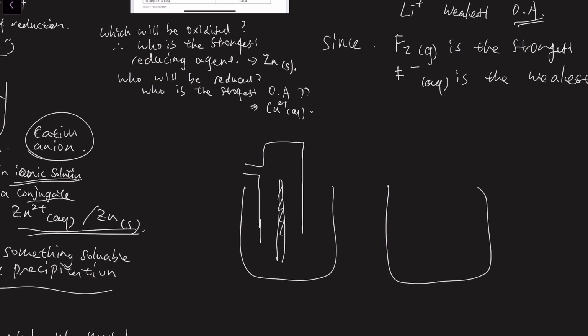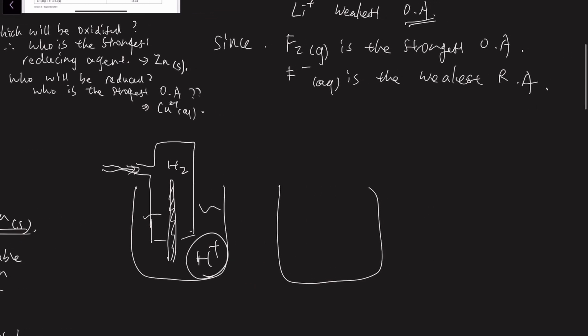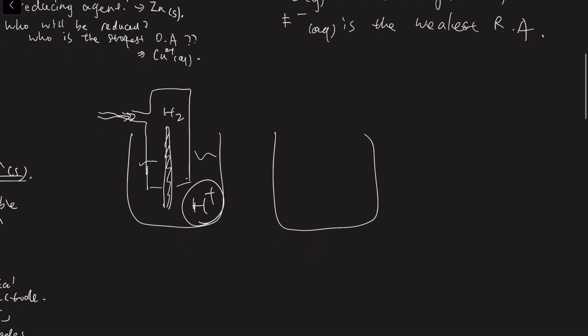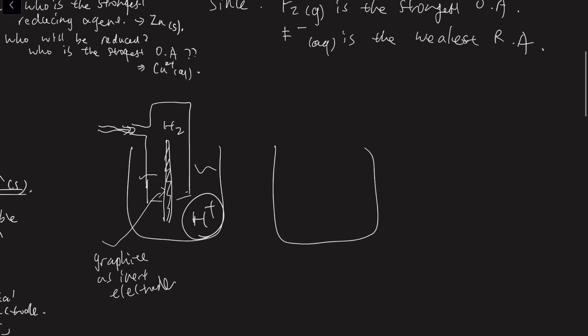So in this case, you get the hydrogen ion and you feed hydrogen gas into this confined space. Because you don't have any metal as your conjugate pair, you use the graphite as inert electrode. So everything is relative to this standard hydrogen cell.